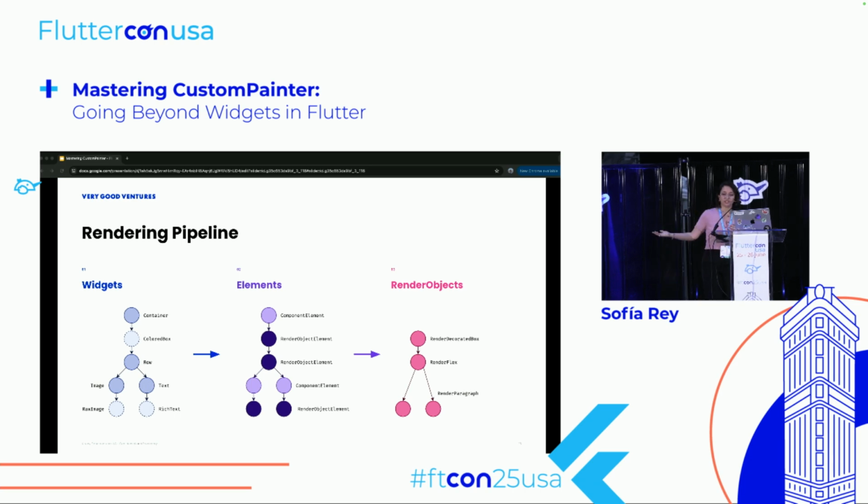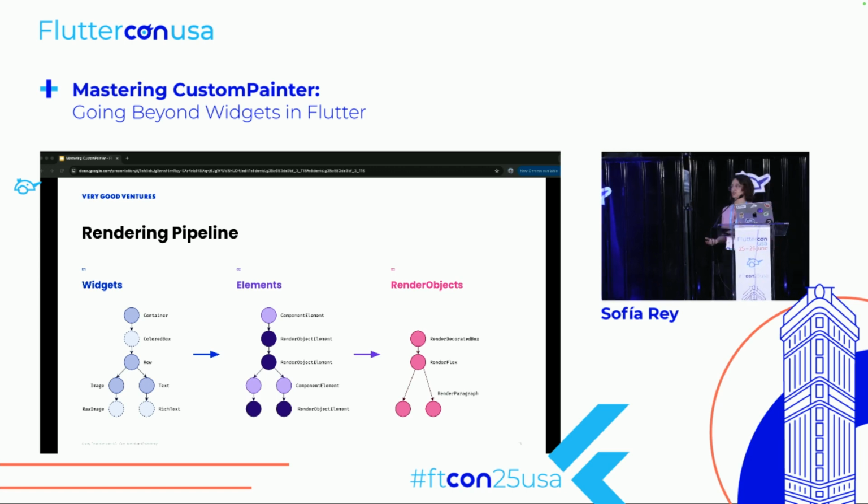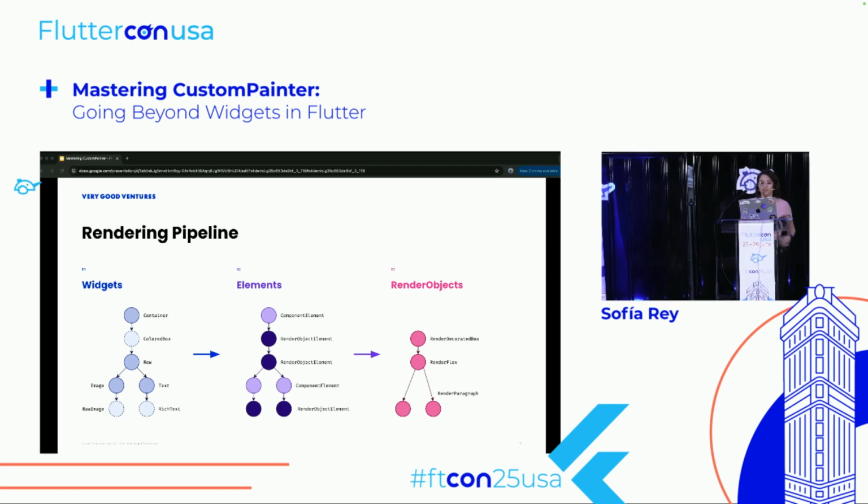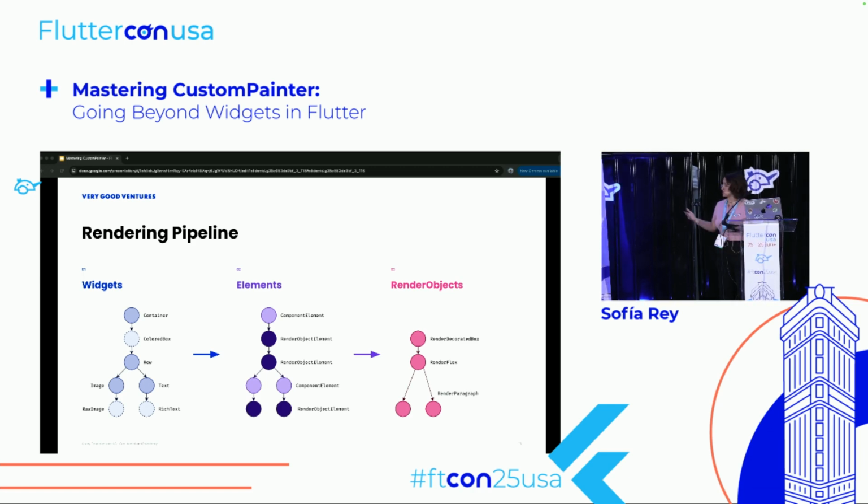So this last tree is the one that does the render work. These are also mutable. They manage the layout, which is when they size themselves. Then they also do the painting and the hit testing, which is the areas where the user can interact with.